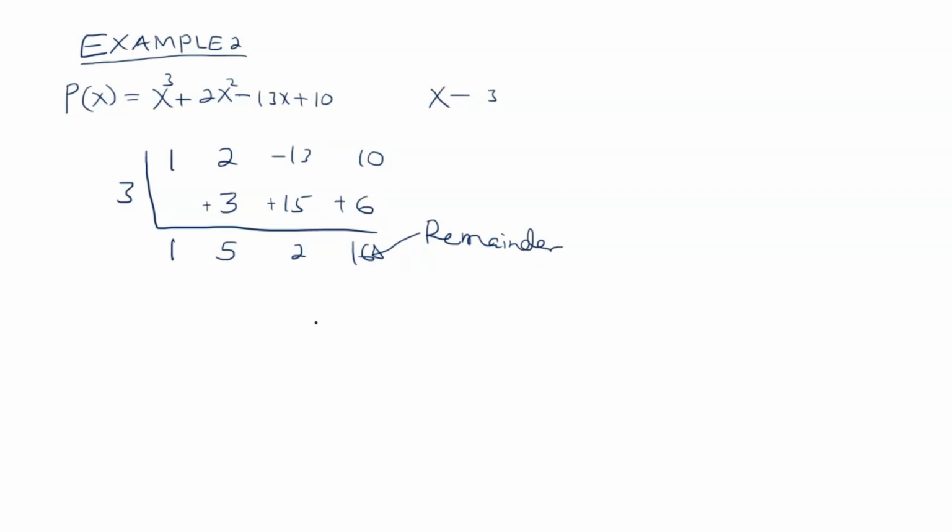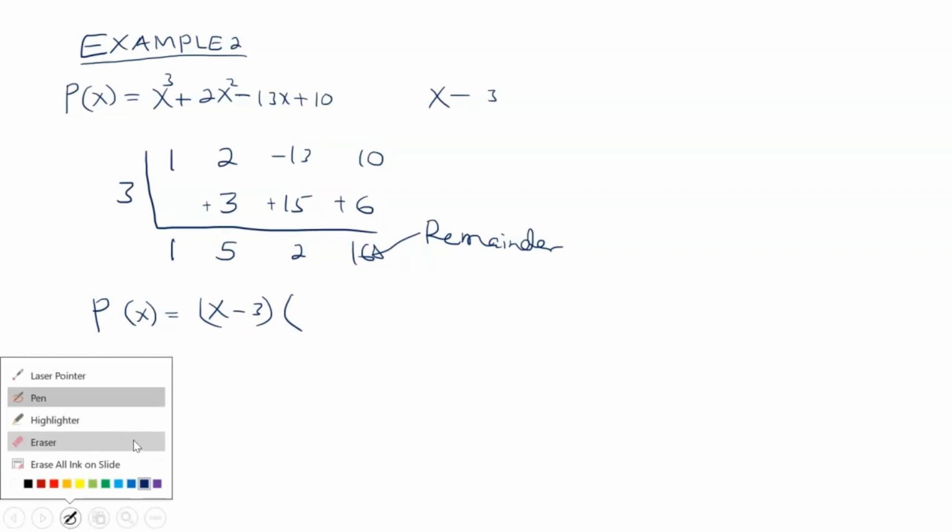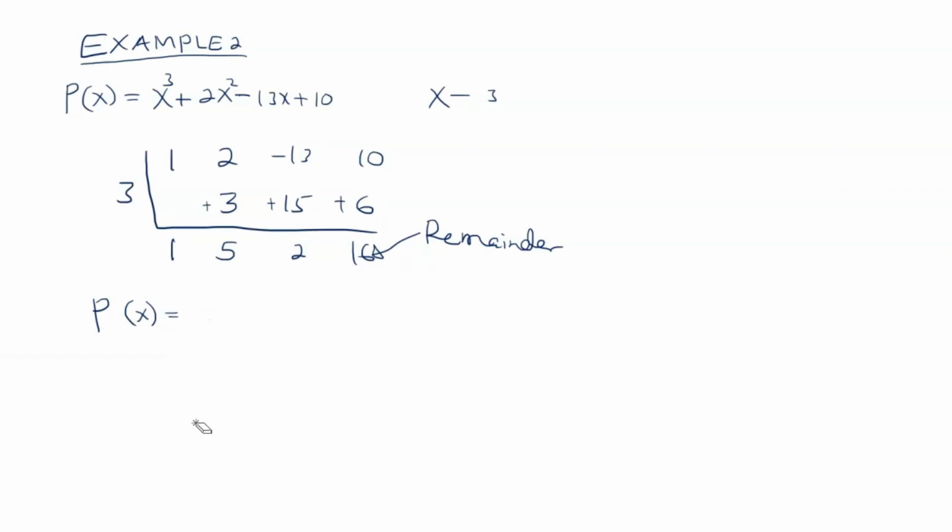So when we're writing the factors of this polynomial, x minus 3 is a factor of that polynomial. And actually, the remainder has to be written as a numerator. So the first term will be x squared, the second term will be 5x plus 2, plus 16 over x minus 3.